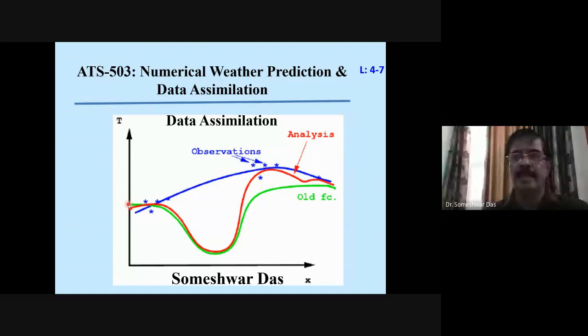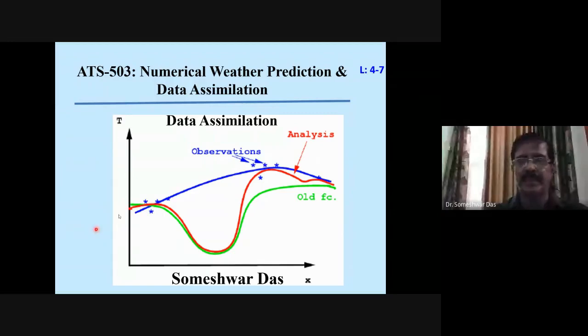So in data assimilation, the two most important things are, number one, your assimilation scheme, and number two, the model itself, because the two go side by side concurrently. If you do not have the model, you cannot get the first guess or the background field for the next cycle of assimilation or analysis, right? So you have to have a good model and you have to have a good analysis scheme, or objective analysis scheme, or assimilation scheme, whatever.